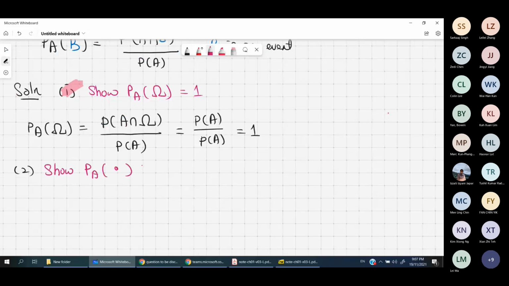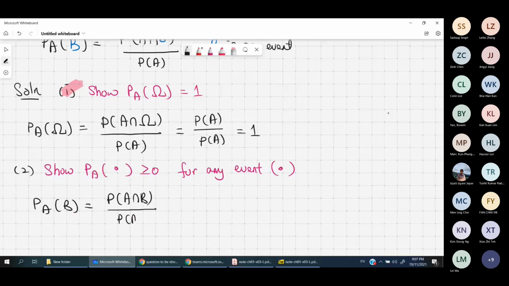Okay, anything here must be positive for anything. I think this is quite obvious. I think it's here: P(A|B) equals P(A and B) over P(B). So this is always non-negative, right?